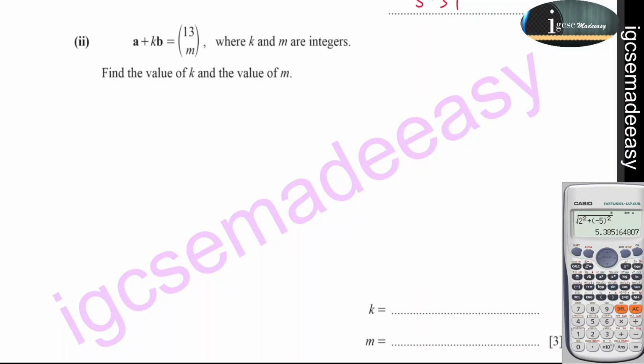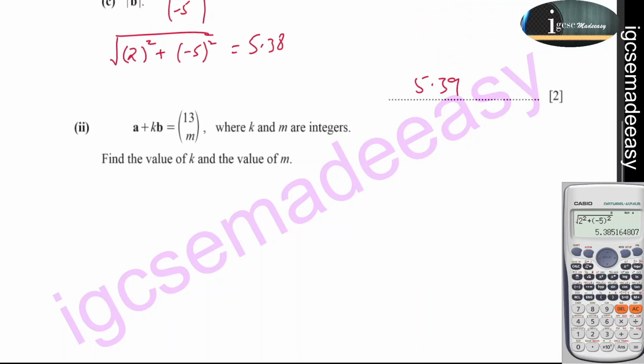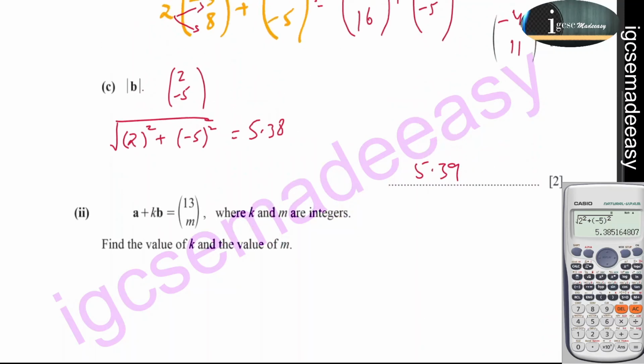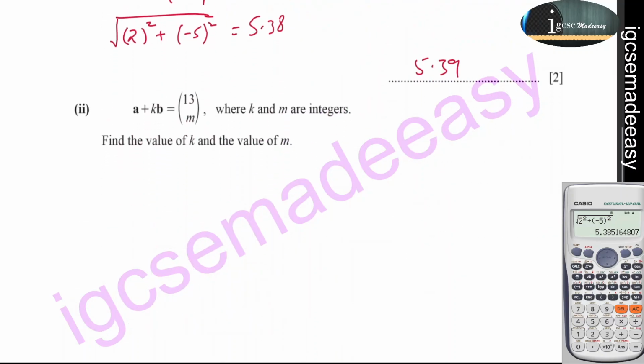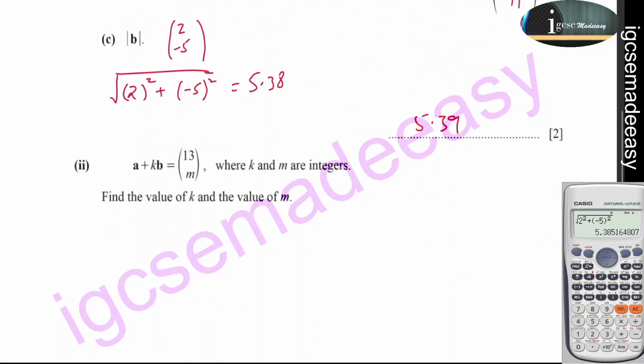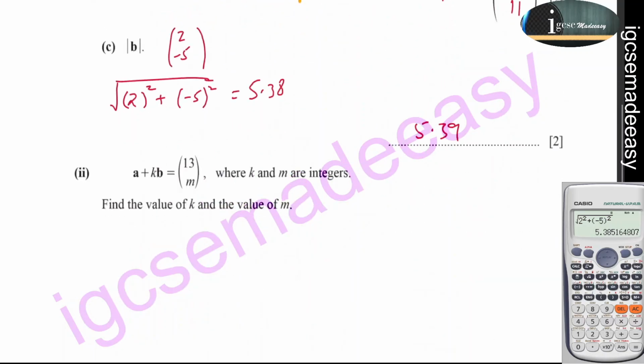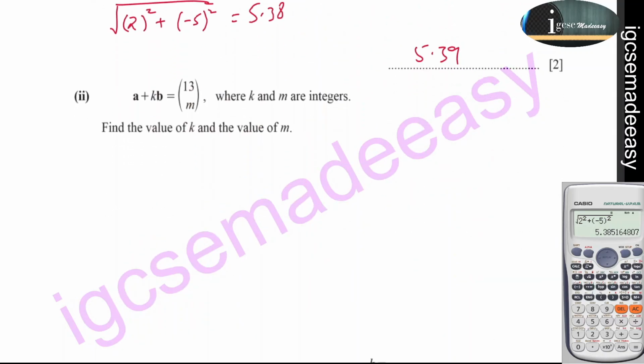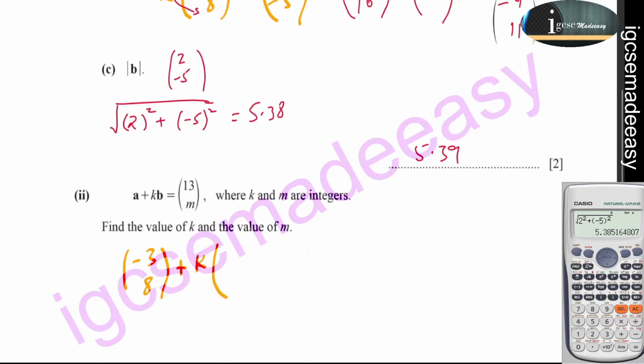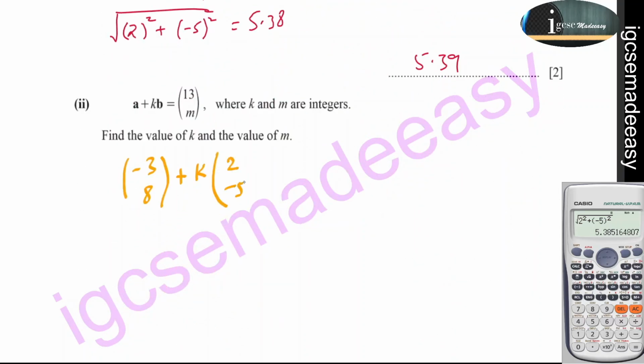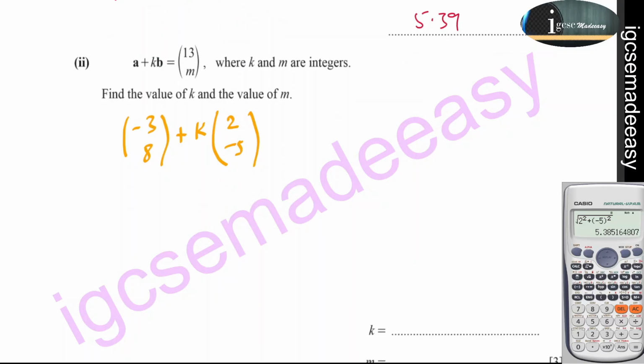Part 2, A plus kB equals (13, m). Column vector is given. Find the value of k and m. So the value of A is (-3, 8), and k into the value of B, which is (2, -5), is equal to (13, m). Let's write that.